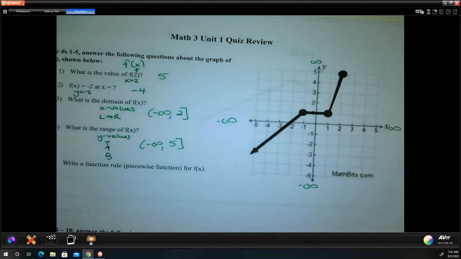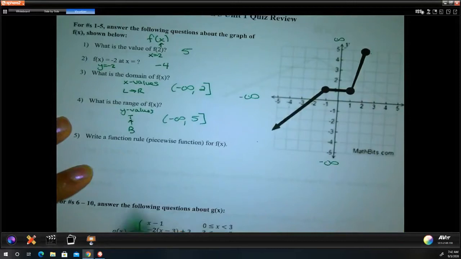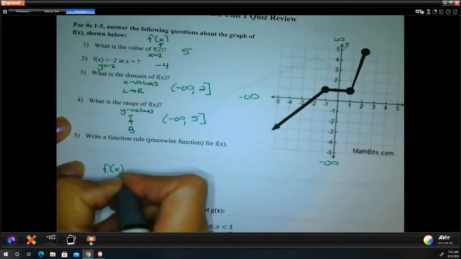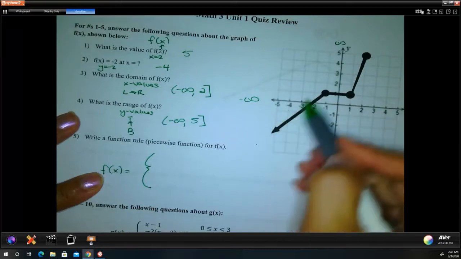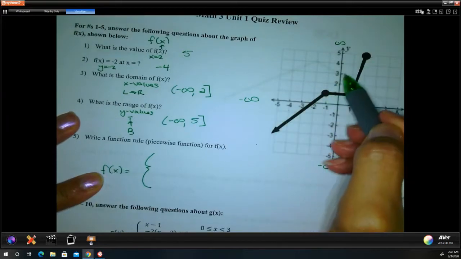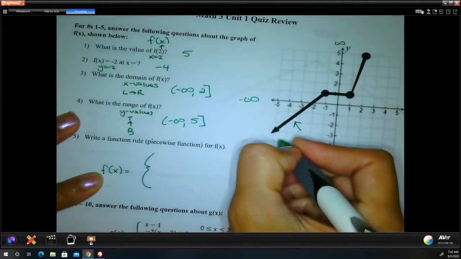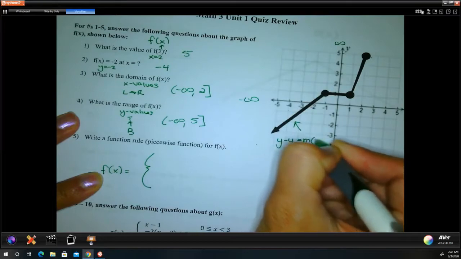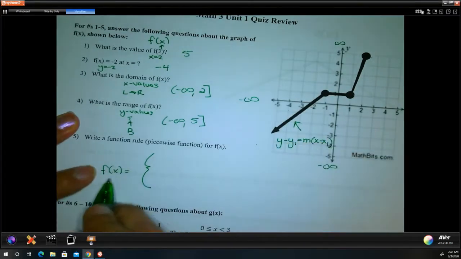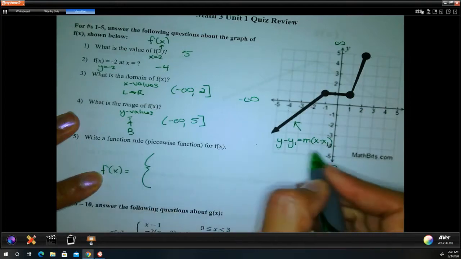When you write a function rule, this one has 3 pieces, so my piecewise function is going to have 3 equations. The first equation does not hit my y-axis but is linear, so I want to use point slope. Since there is a y equals, or an f of x equals, for that whole thing, I'm going to get this in y equals.